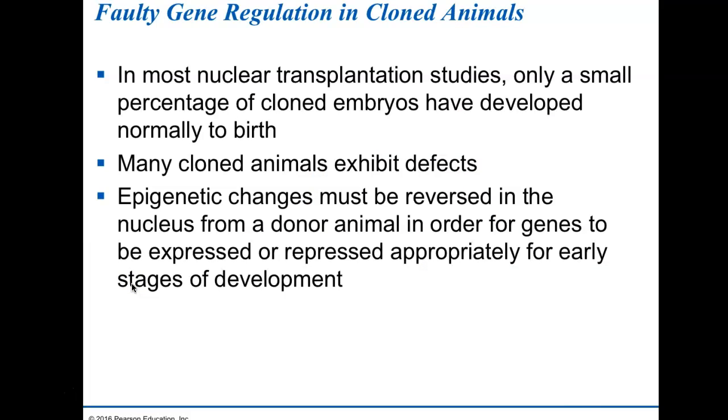And so with nuclear transplantation, only a small percentage of the cloned embryos actually develop to birth. Most of the cloned animals exhibit defects, kind of like Dolly the sheep did, and it's believed that the epigenetic changes in the donor nucleus really need to be successfully and completely reversed in order for the genes to be expressed or repressed appropriately.